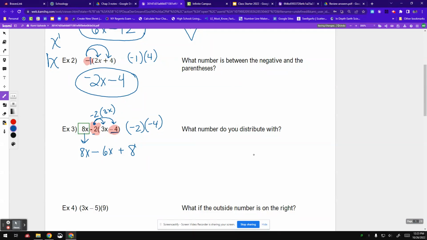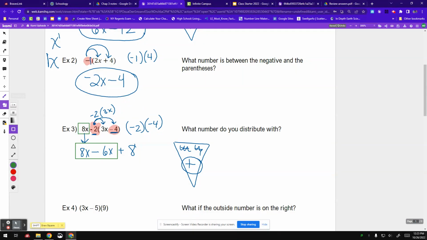So this is a negative 2 times a negative 4. A negative times a negative is a positive 8. So now we got rid of the parentheses, but now we have some like terms. 8x minus 6x is 2x plus 8, and now this expression is fully simplified.